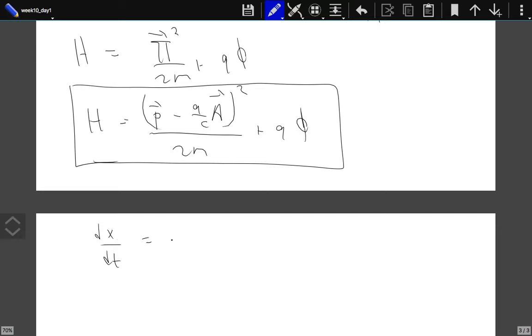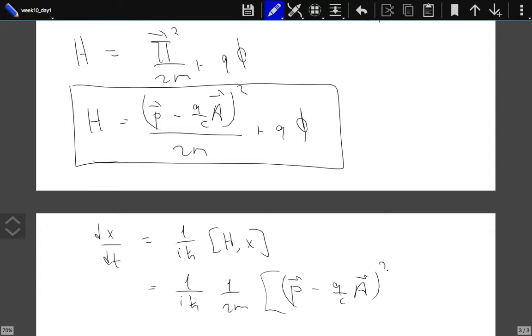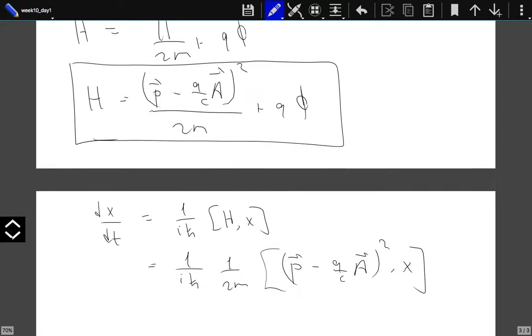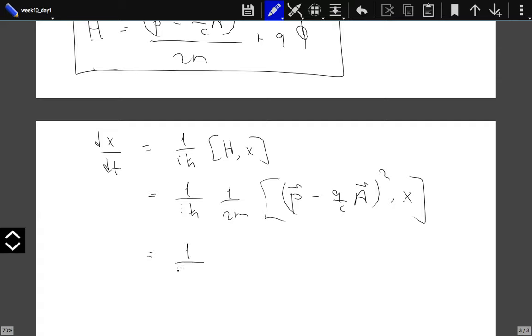This will be equal to 1 over I h bar, commutator of H and x, which will be equal to 1 over I h bar, 1 over 2m, P minus Q over C A squared and x. This is equal to 1 over I h bar, 1 over 2m, Px minus Q over C Ax squared and x.